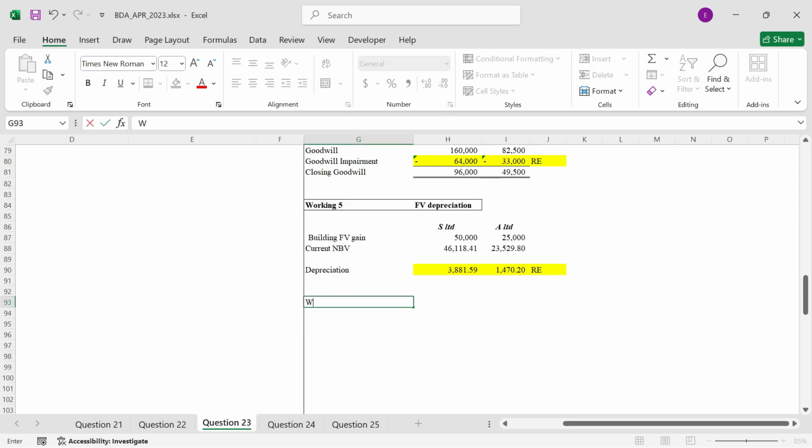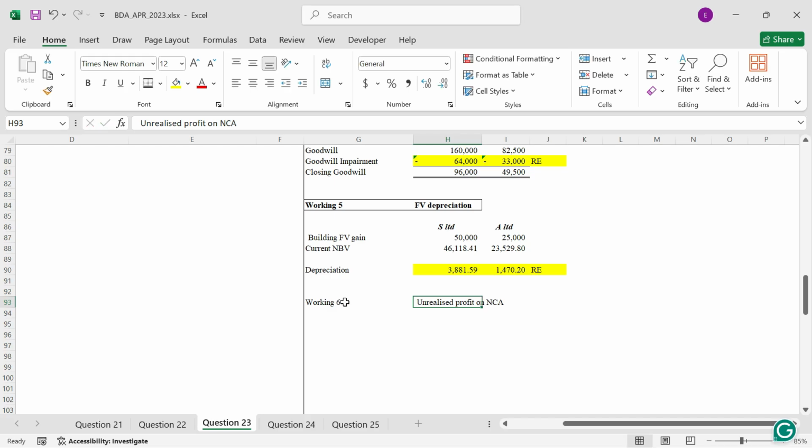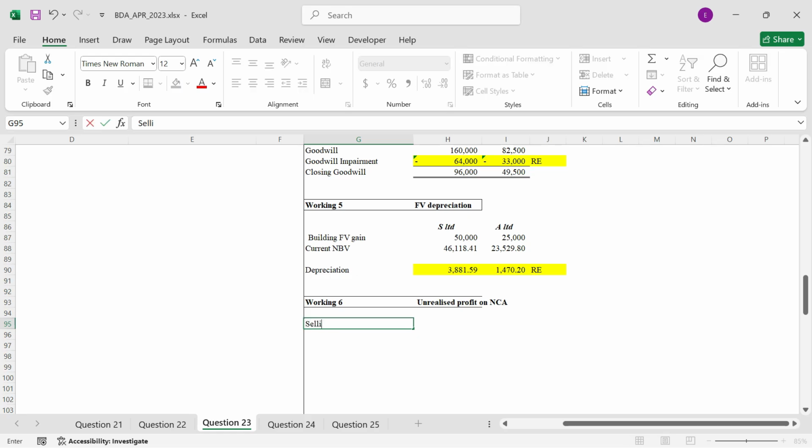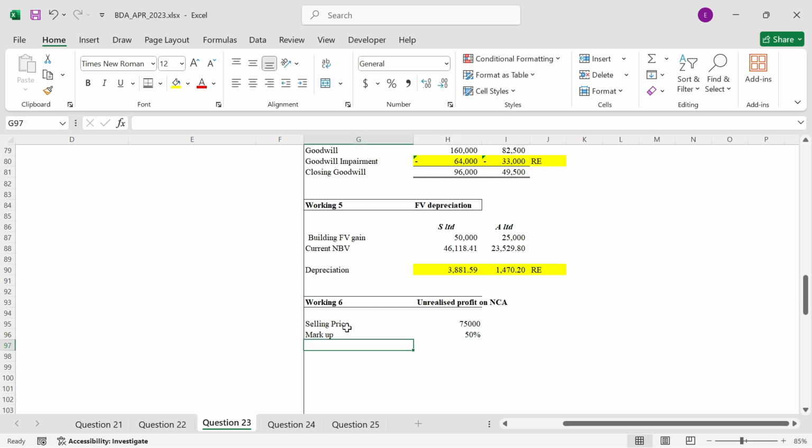Working 6. Unrealized profit on non-current assets. We have a selling price of 75 million. We have a markup of 50%. I have a depreciation of 20%.